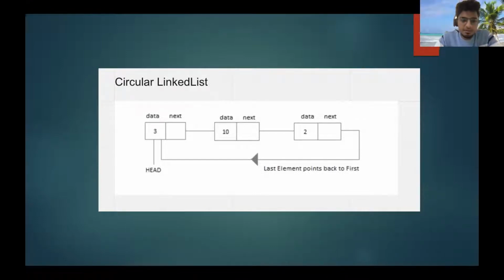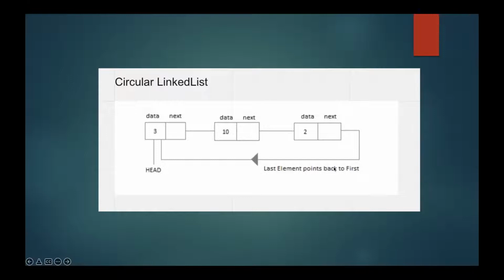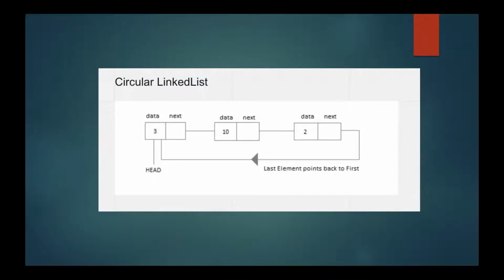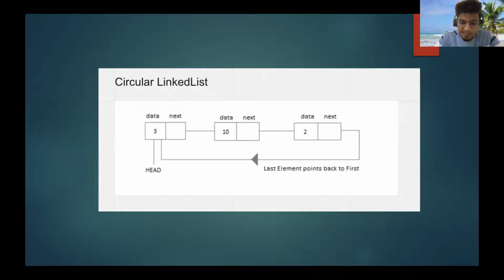For a singly linked list, it's your playlist or your image viewer. When you want to go to the next song, you click the next arrow mark, and it moves to the next song. When you select the previous arrow mark, it will play the previous song which you played.